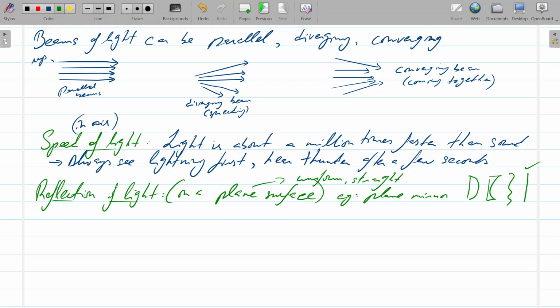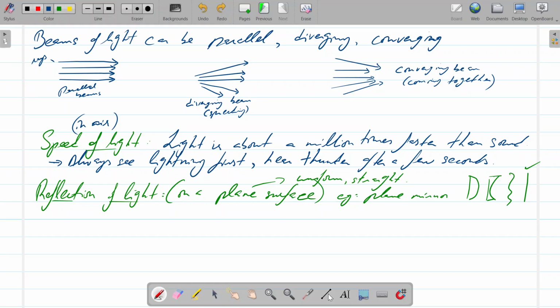Under that, you are shining a light on a surface. So this is a mirror. In fact, I can draw a straight line, and then I can draw a line coming in.